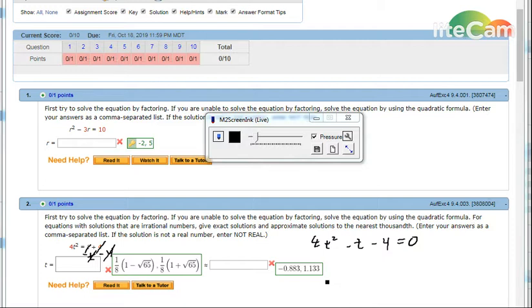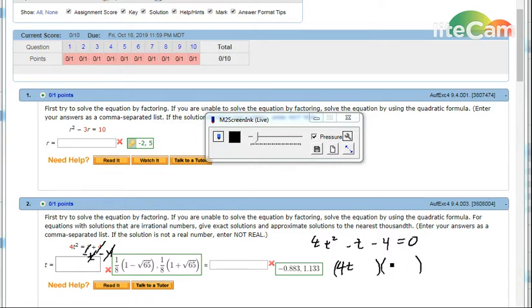Now it asks us to factor this, so let's see if we could factor this. Some possible factors might be 4t. We need to get a 4 on the beginning and a 4 on the end. I don't think that this is going to be factorable, but we could still try.